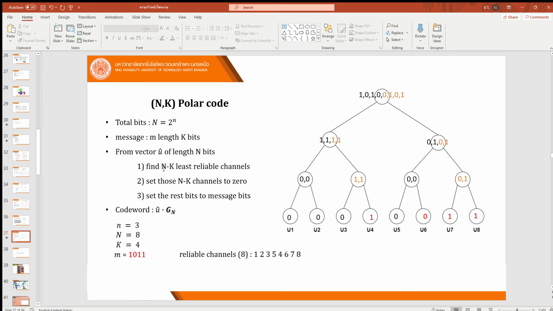You can find N minus K least reliable channels, set those N minus K channels to 0, and then set the rest of the bits to message bits. In this case, you can have n equal to 3, N equal to 8, K equal to 4. You can have m equal to 1011. Okay, this is the operation.